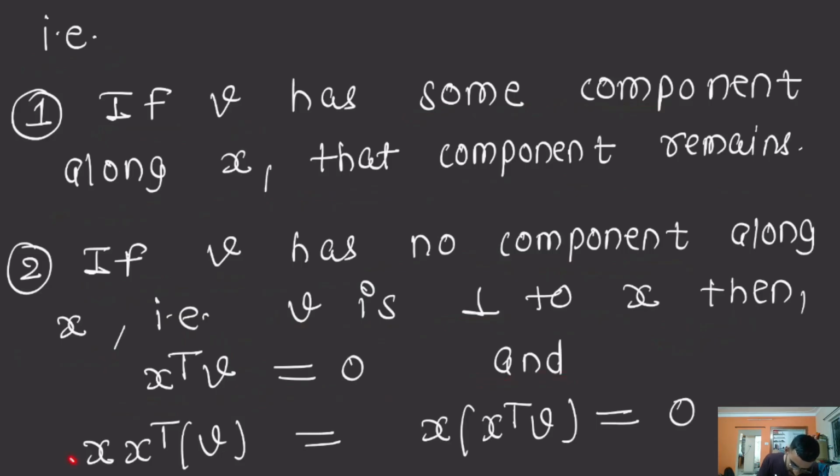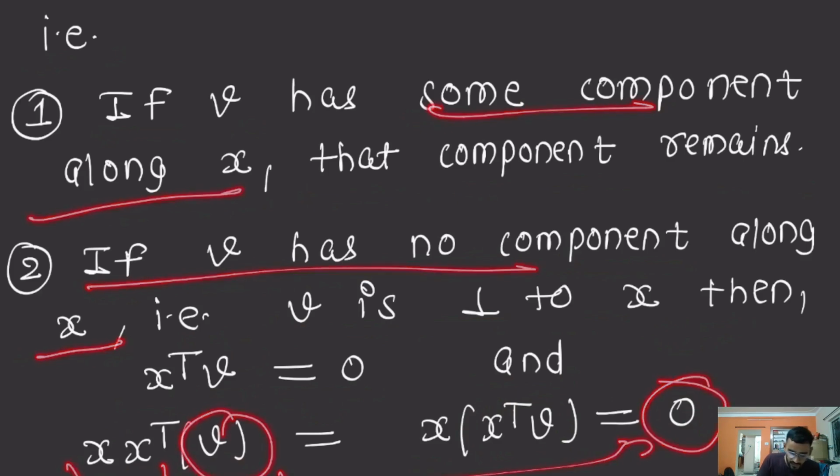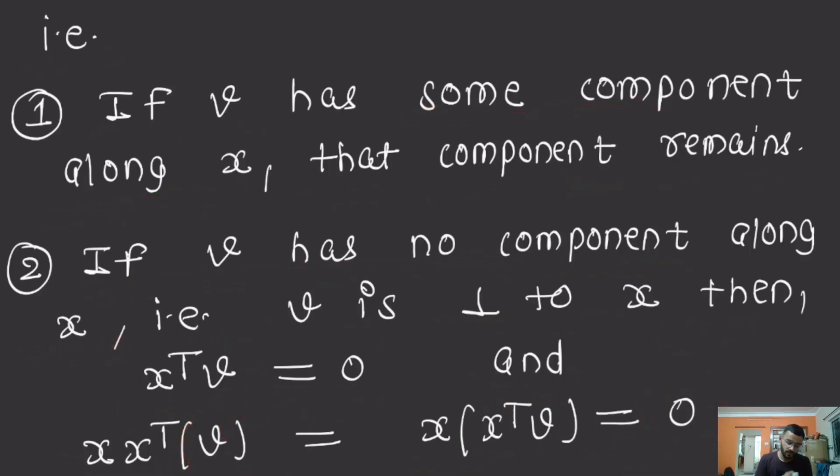And xx transpose into V can be written as x into x transpose V. But since V and x are perpendicular, x transpose V is equal to 0, and hence this term vanishes. So if V has no component along the x direction, xx transpose into V vanishes.